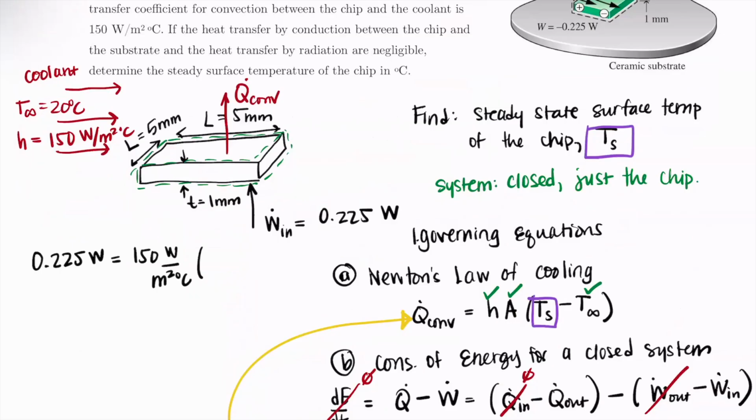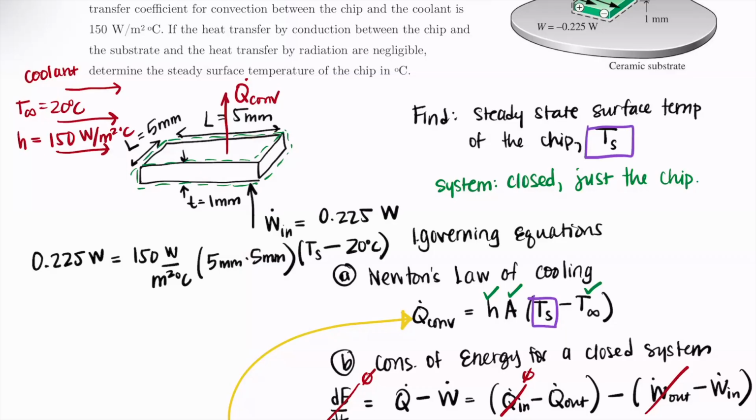So we have a block, and there's 6 different areas that we could choose from, right? The top one, right? Okay, so we have 5 millimeters times 5 millimeters. And then we have Ts minus T infinity, which is 20 degrees C.